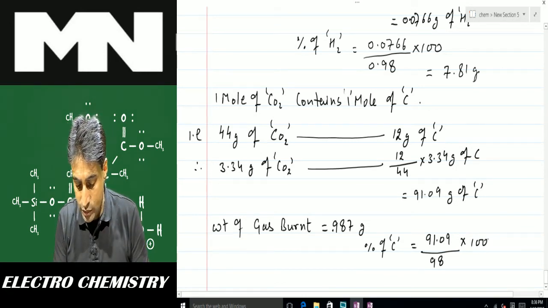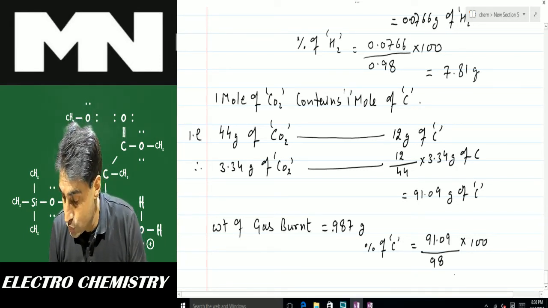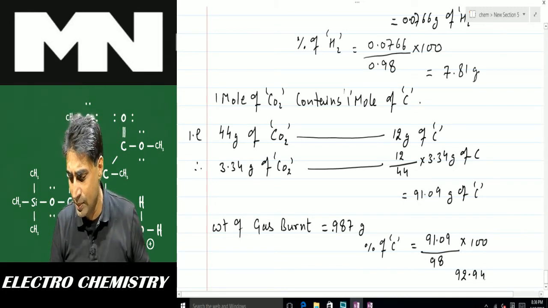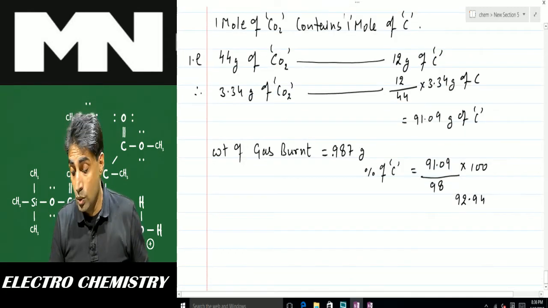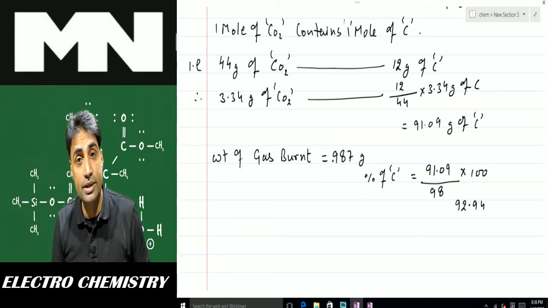So it is 91.09 into 100, that is 9109 divided by 98, and here in this case it is 92.94. That is roughly 93. Now by now we have got the percent of carbon and hydrogen.